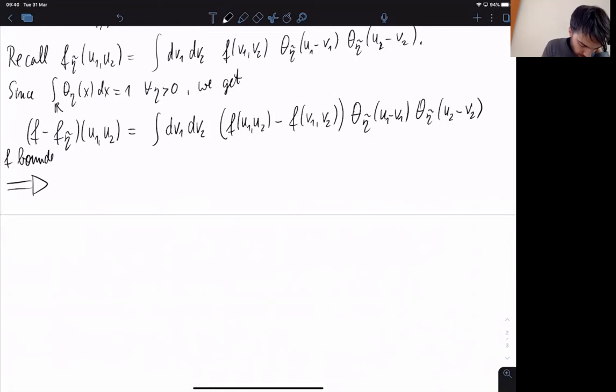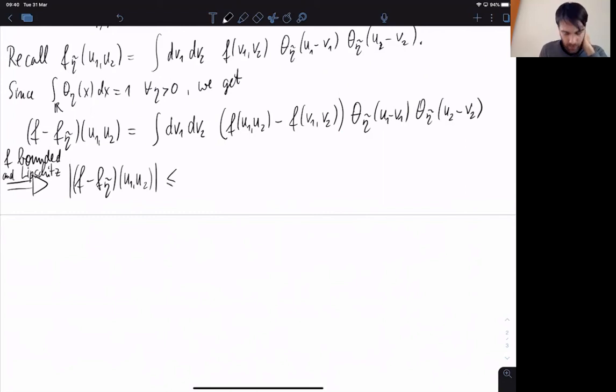So then I can estimate this difference very easily. If I take the absolute value of this, then it is smaller than a constant times the minimum of 1 and the distance between u1, u2 and v1, v2.